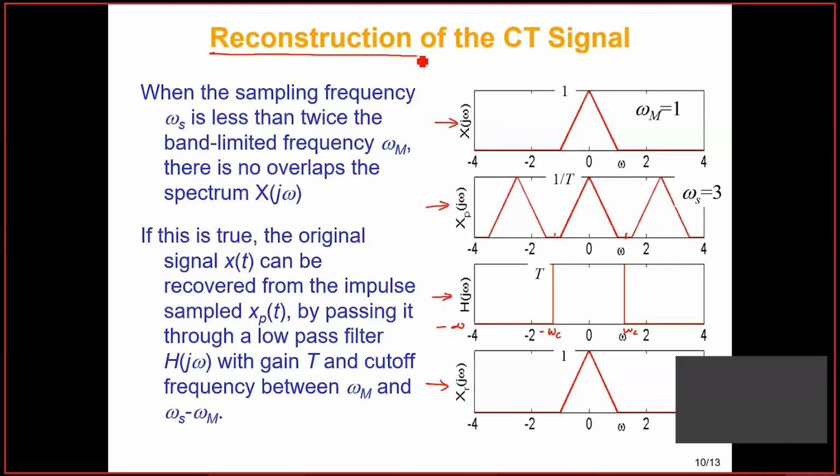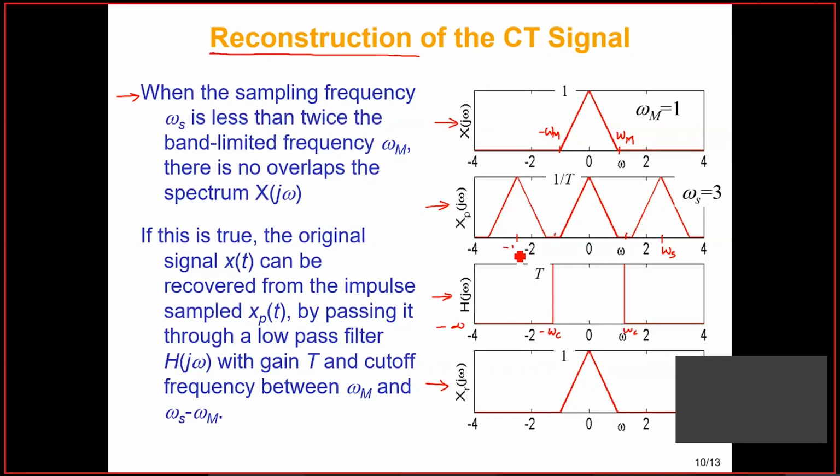So the discussion here is telling you that if the signal given to us has a particular max frequency, let's say omega m, then once we go from this normal signal to the impulse sampled signal, the sampling frequency omega s that we select is very important, because the copies we get are going to lie at multiples of omega s.